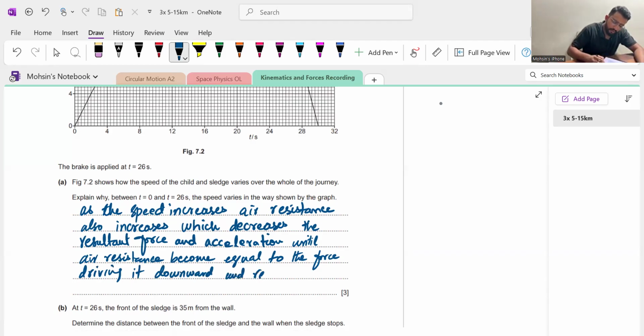And the resultant force and acceleration become zero, and the object reaches constant speed. You can shorten it down.